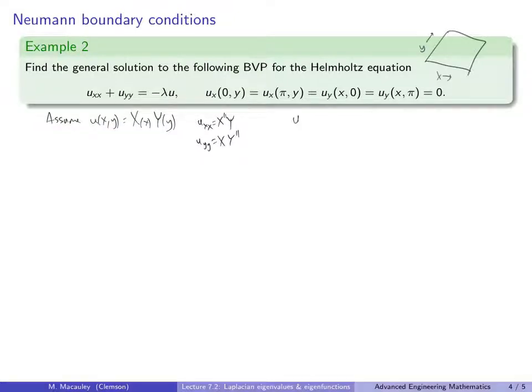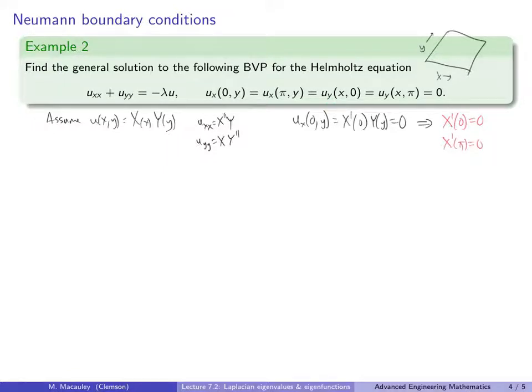We'll go over them. ux of 0 and y says that X prime of 0 times Y of y equals 0. So now we have a number, X prime of 0, times a function being 0. And this tells us that X prime of 0 equals 0. Similarly, the next boundary condition tells us that X prime of pi is equal to 0.